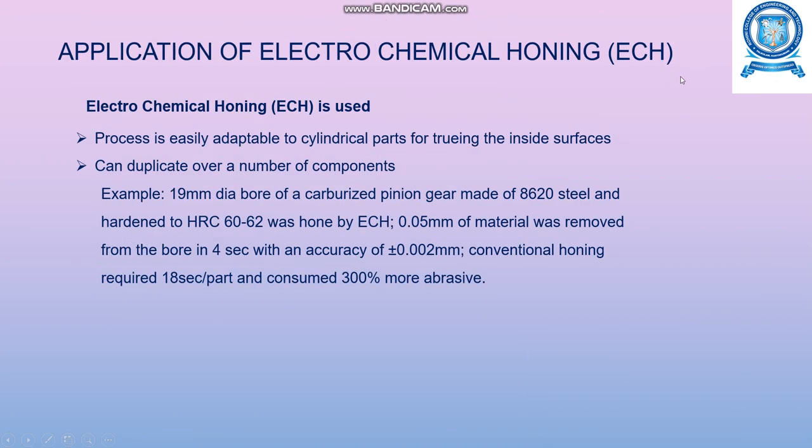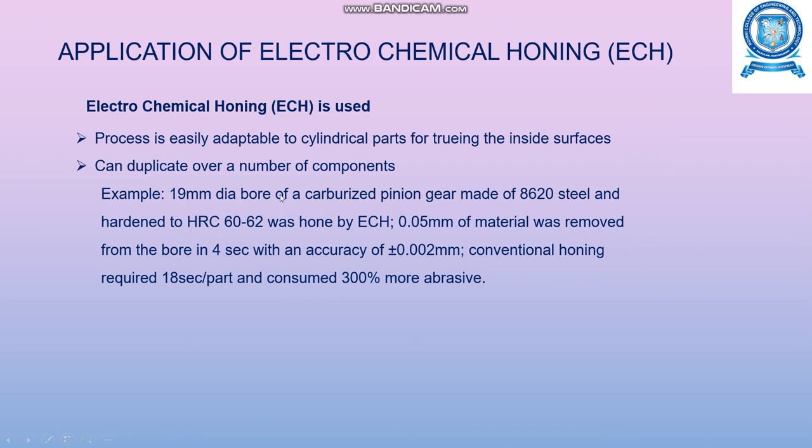So coming to the applications of electrochemical honing, the process is easily adaptable to cylindrical parts for truing the inside surface and can duplicate over a number of components. So this is an example which is given here.